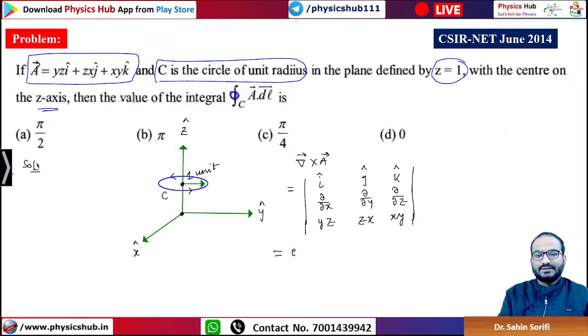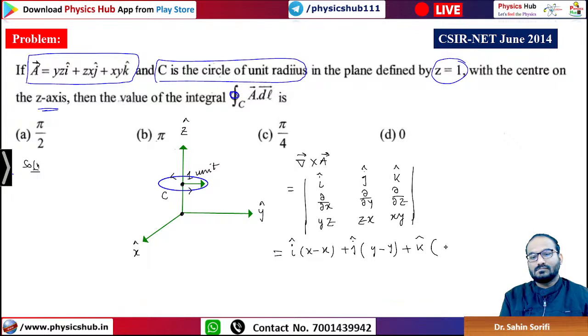So if you calculate this curl, what do you get? We are getting x minus x, plus j cap, y minus y, k cap, z minus z. So this is coming out to be 0.